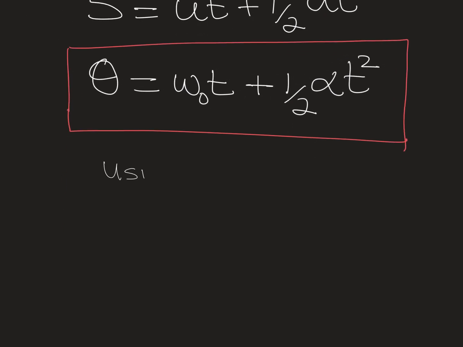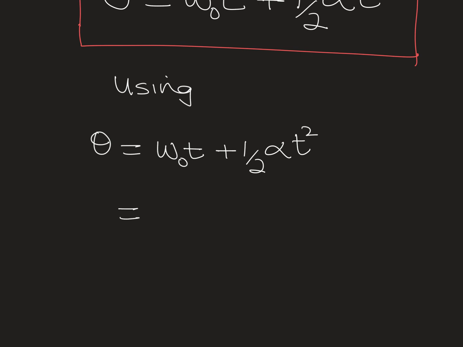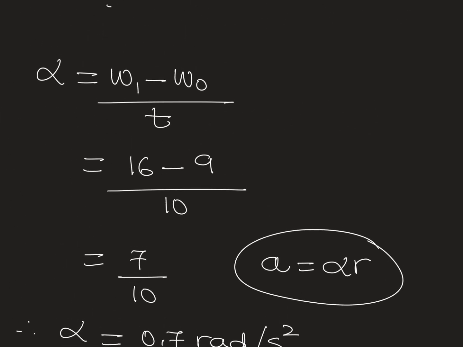Therefore, the angular displacement is equal to the initial angular velocity multiplied by time plus half multiplied by the angular acceleration multiplied by t squared. If we substitute the values, what is the initial angular velocity?